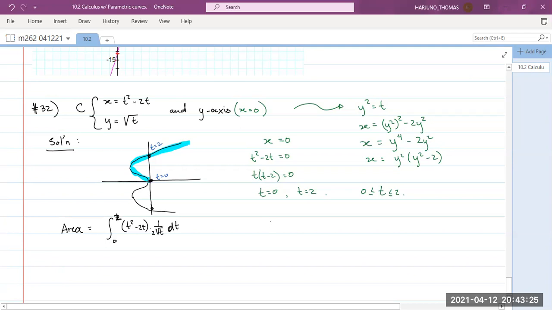See, I use this formula. So if I use dy here, this is x dy, y from 0 to y equals square root of 2. Right?